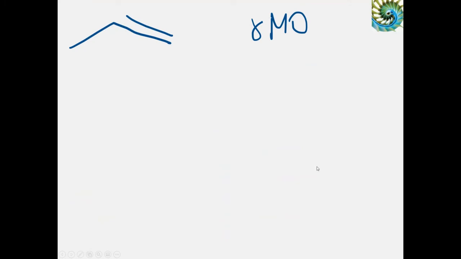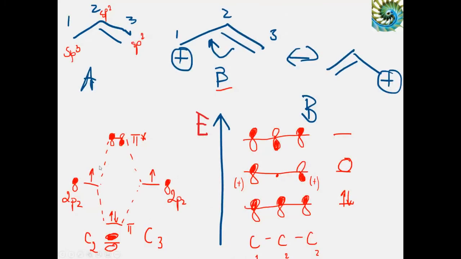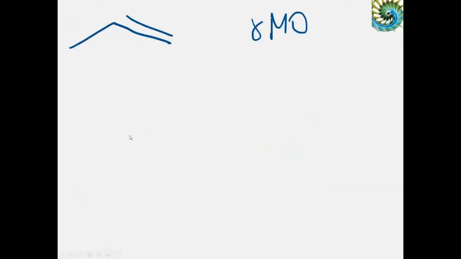Okay, and so here we had the MO diagram of the pi bond of this molecule A. So what if we wanted to show the sigma bond here between carbon 2 and 3? This is actually quite nice here, because we are talking about 2 sp2 hybridized carbons now, orbitals now.